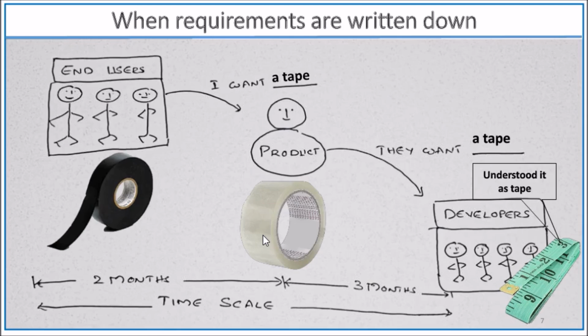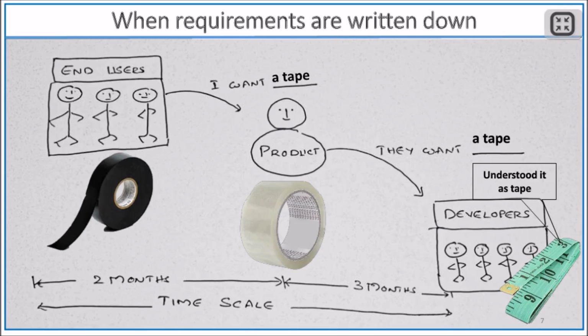They want the tape so that they can apply insulation over wires. The product owner, even though he's using the word tape, may be thinking of a cellophane tape. And the developers, even though they are using the word tape, may have a Teflon tape in mind. All three are tapes, but everybody was visualizing a different product in their mind.